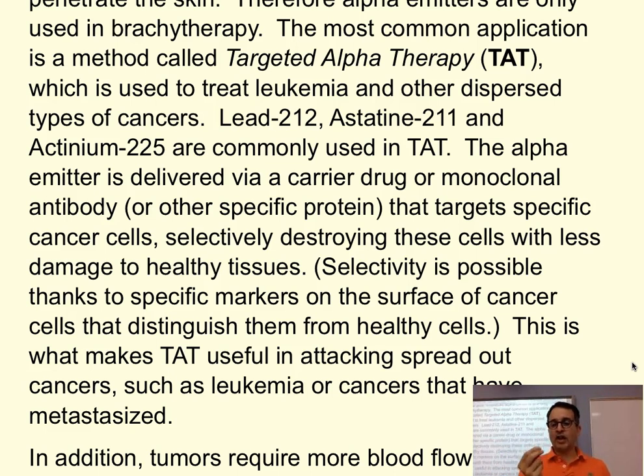In addition, if you actually connect it to an antibody, those tumor cells may have metastasized and be in other parts of the body. Well, this TAT, this targeted alpha therapy, can actually find those receptors of cells that have traveled through the bloodstream to different areas of the body, and also keep them. So it is actually one of these very promising therapies that are being continued to be tested and developed.